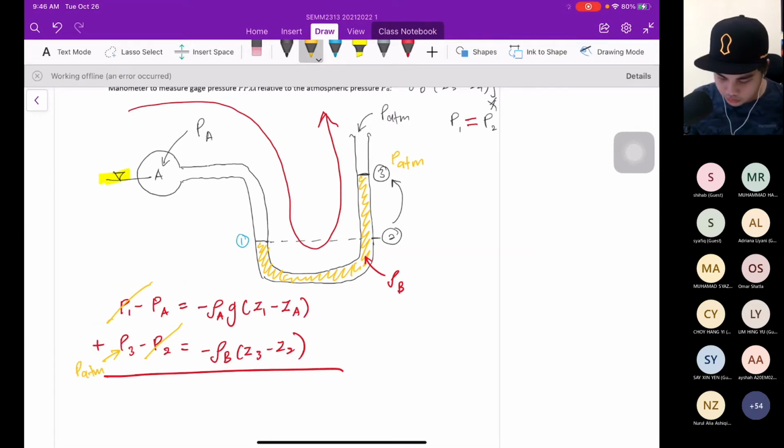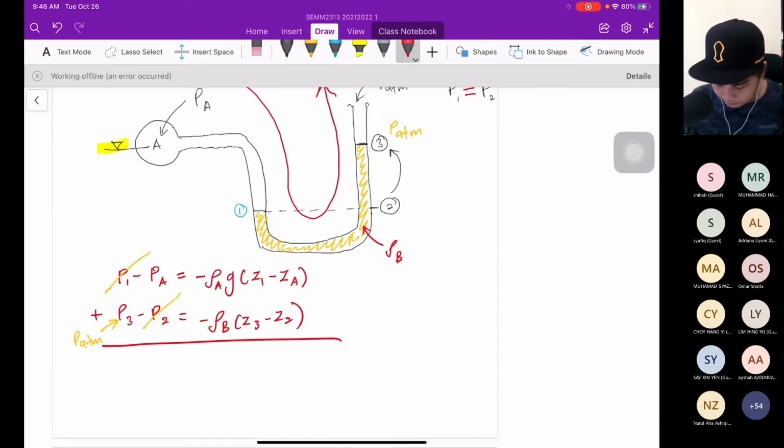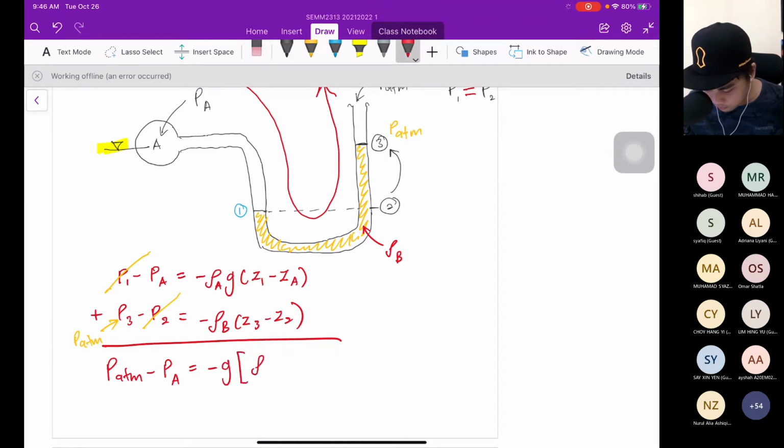So PATM minus the pressure at A equals negative, you can factorize, negative g rho of A (Z1 minus ZA).